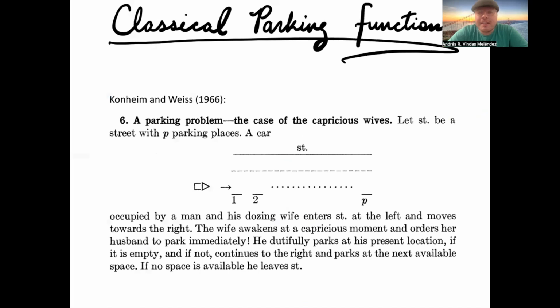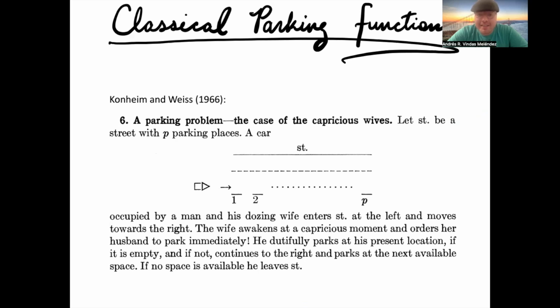So first, let me tell you about classical parking functions. This is how Konheim and Weiss in 1966 wrote about classical parking functions. This is the parking problem, the case of capricious wives. Let S T be a street with P parking places. A car occupied by a man and his dozing wife enters the street at the left and moves towards the right.